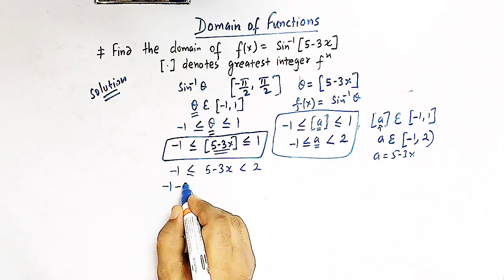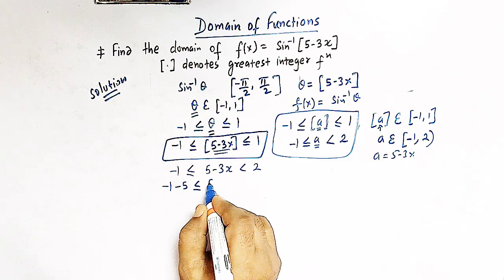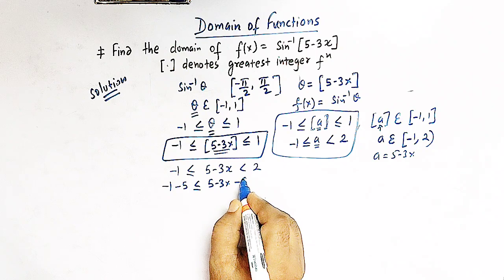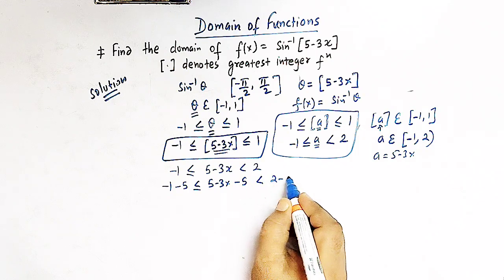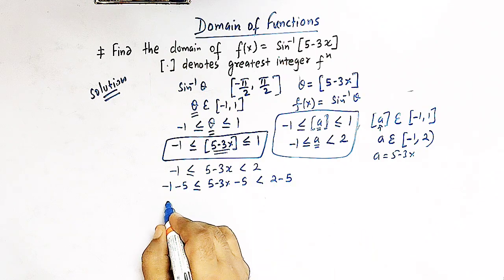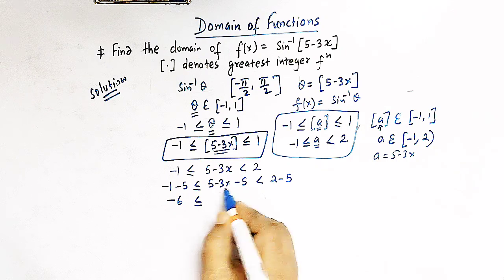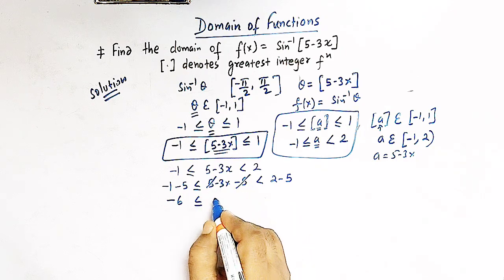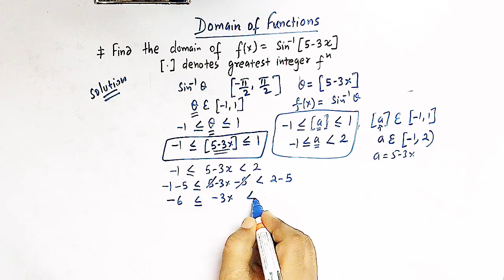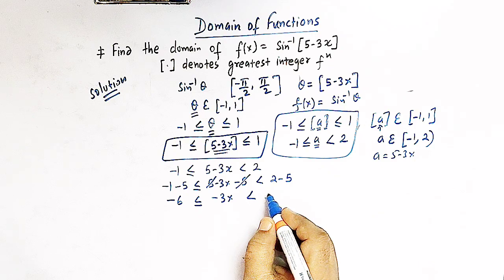So we have minus 1 minus 5, here we have 5 minus 3x minus 5, and here we have 2 minus 5. So this is minus 6, and here the 5 and 5 get cancelled, and we have 2 minus 5, that is equal to minus 3.